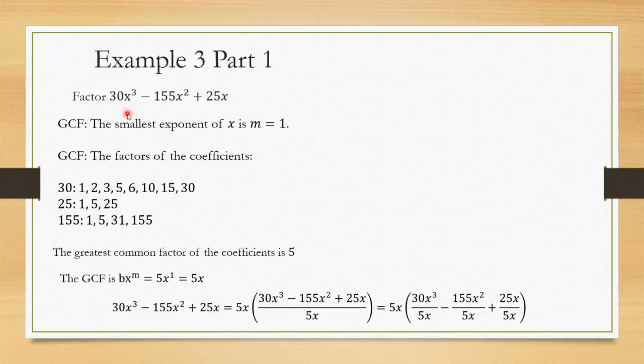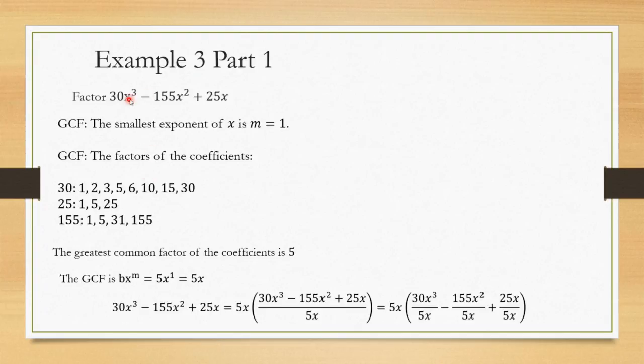Now, this one you're actually going to see that the GCF is useful to factor out. It does make the problem a little bit easier. Right away you can see that m is 1. M is the smallest exponent of x, so that's 1. Now what about the coefficients? Well, we have 30, 155, and 25.